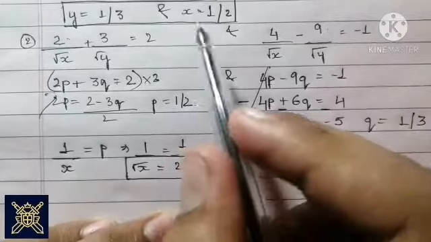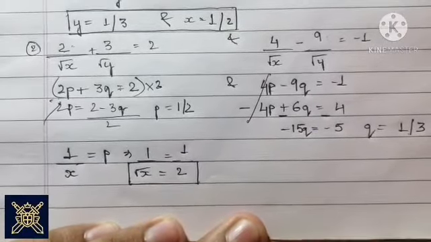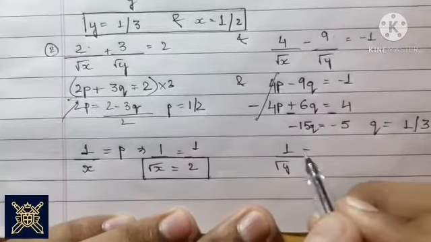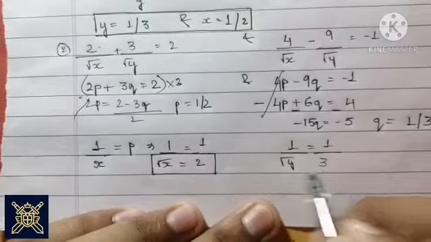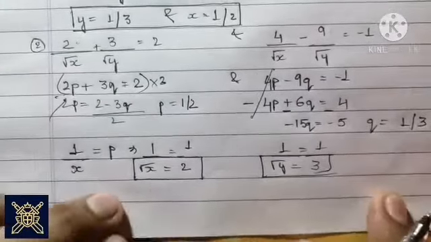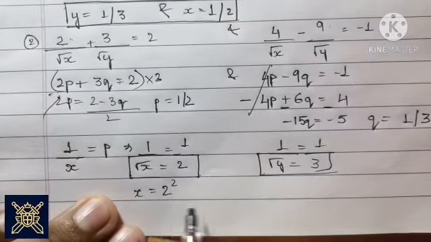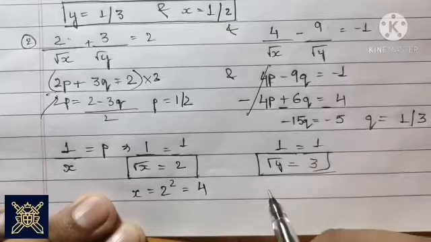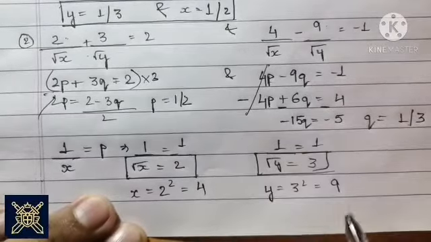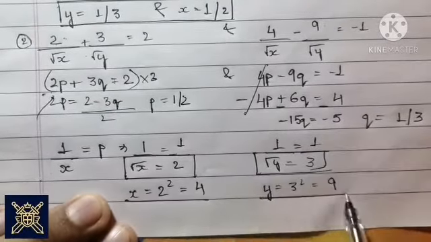Since 1 upon root y is equal to q, therefore 1 upon root y is equal to 1 upon 3. So here you can take that root y is equal to 3. Since root x is equal to 2, x is equal to 2 square, that is equal to 4. Similarly, y is equal to 3 square, that is equal to 9. So we have found the value of x, that is 4, and y, that is 9.